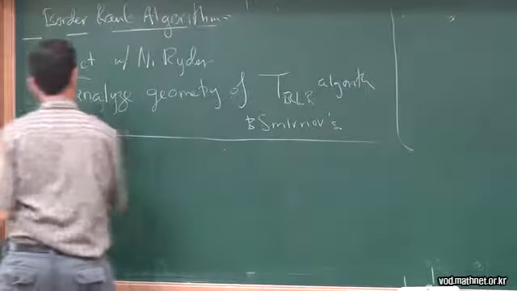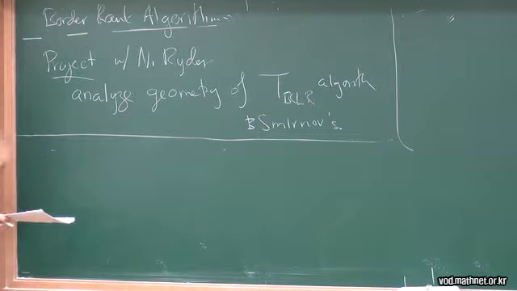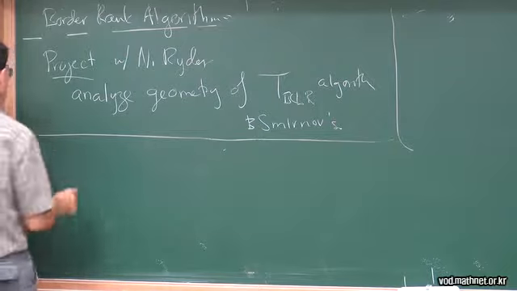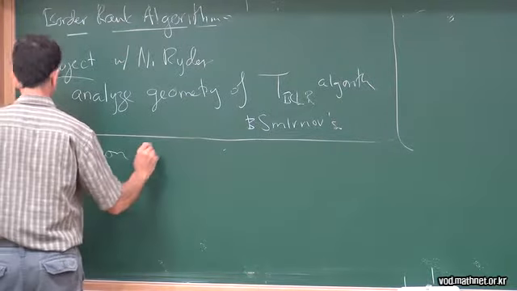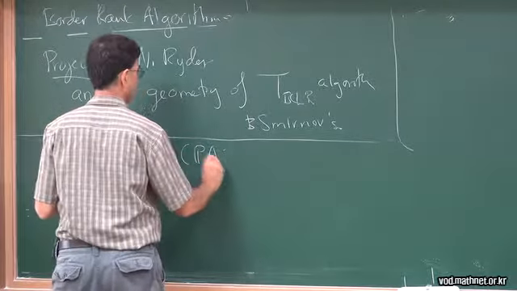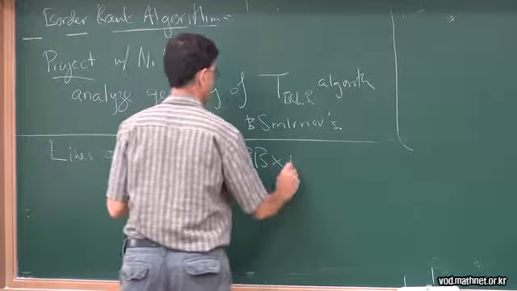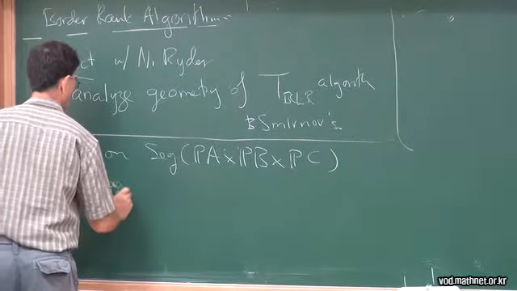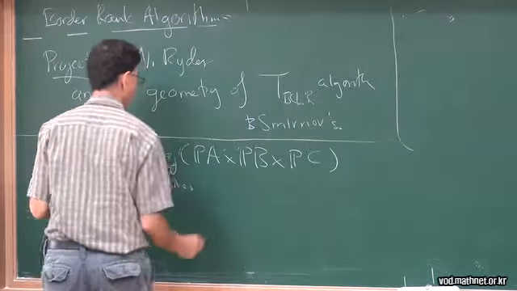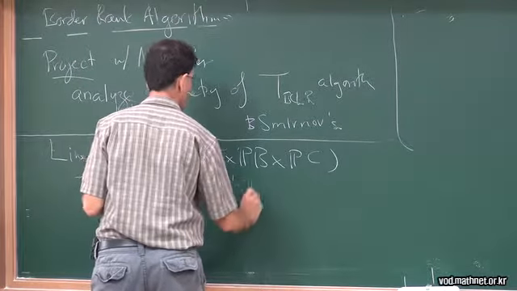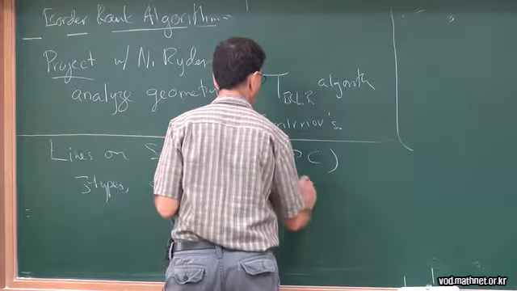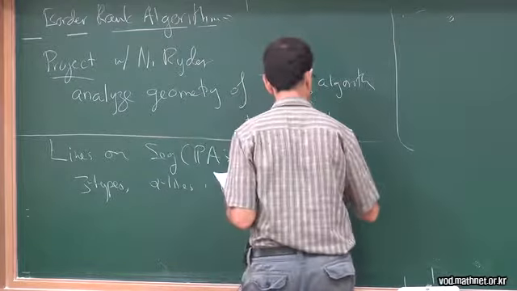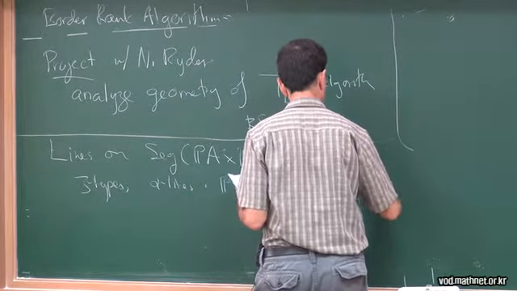So let me review. As I said, all the algorithms that I've seen in the literature come from linear spaces. So let's study lines on the Segre. Well, there are three types. Let's call them alpha lines, where I take a P1 inside PA and consider P1 cross some point in PB cross some point in PC.